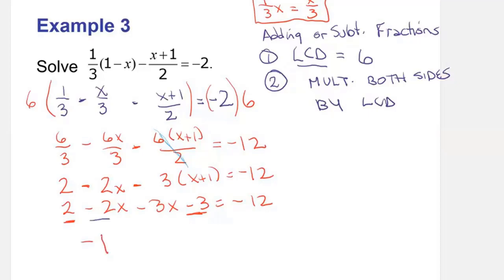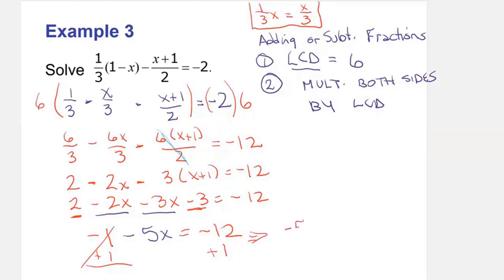And then I have -2x minus 3x, which is -5x, and that's going to equal negative 12. I'm going to add 1 to both sides because I'm isolating my x. These cancel. I get negative 5x equals negative 11.